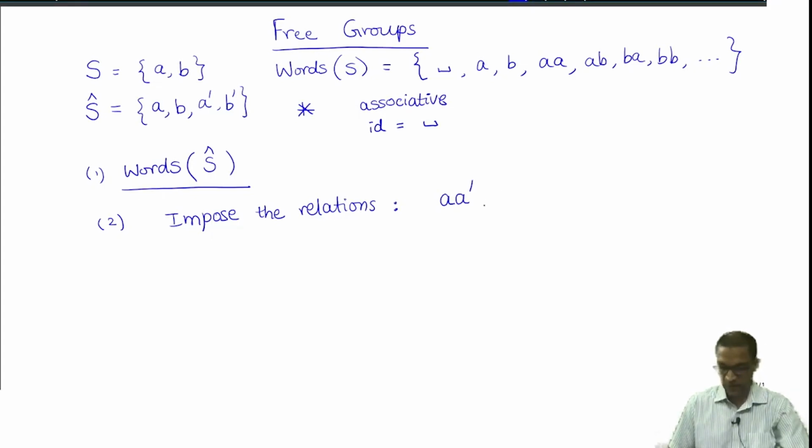Look at the word A A prime. This is a word of length 2 in words of S hat. I want to say that this word should be the same as, or equivalent to, the empty word. Similarly, I want to make A prime A equivalent to the empty word.